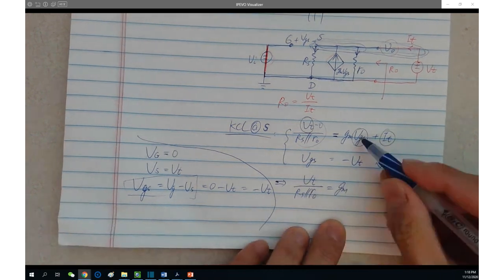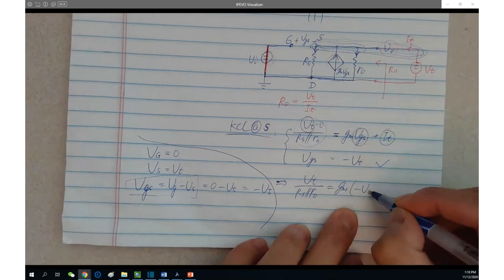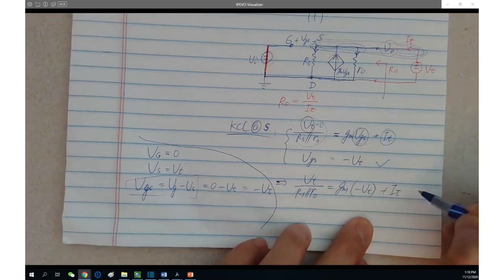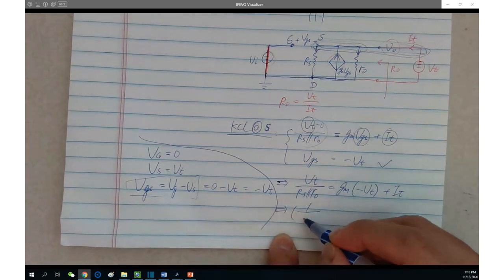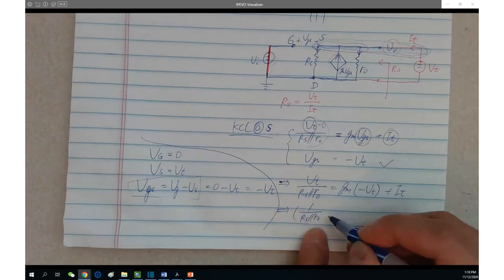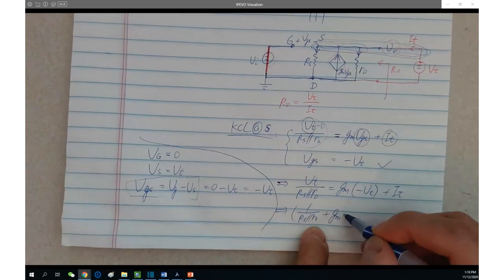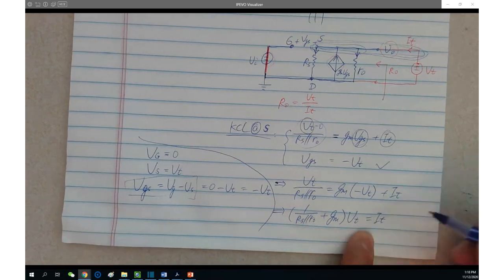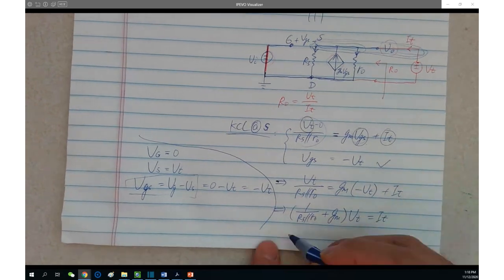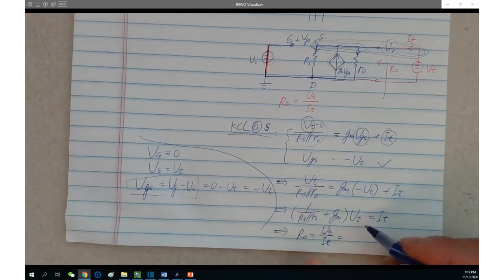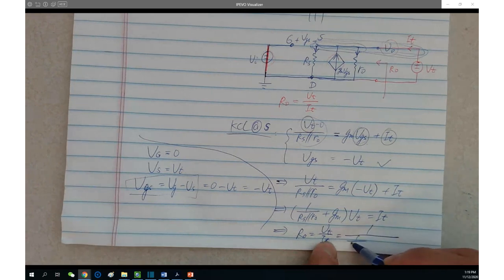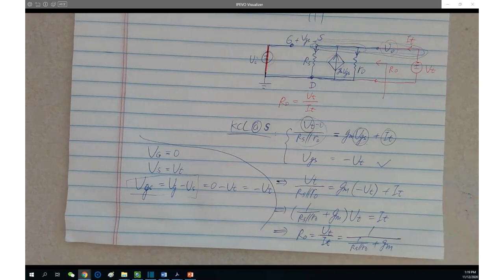Substitute Vgs in the first equation by the second equation. From here, immediately you get a ratio: 1 over (Rs parallel with R0) plus gm. Done. This is the solution.